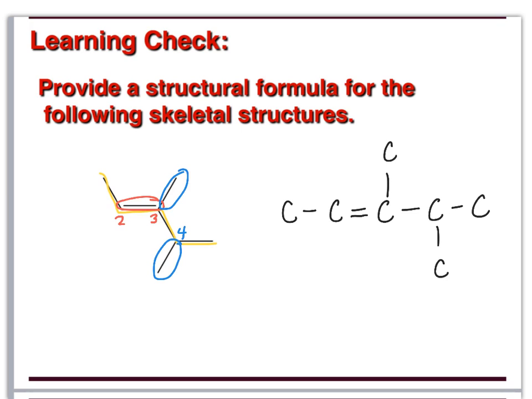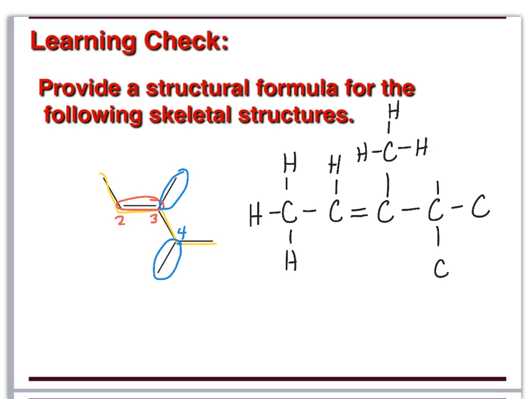So now I've got my carbons all in there, and now all I have to do is fill in the hydrogens. So 1 hydrogen here, 1 here, 1 here. That's 4 bonds for that carbon. This one's got 3 already, so we can only have 1. The one up here needs 3 hydrogens. This carbon right here has 4 bonds already, so I'm going to leave it be.